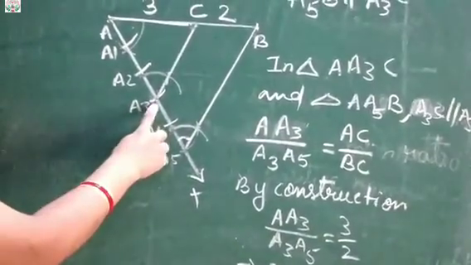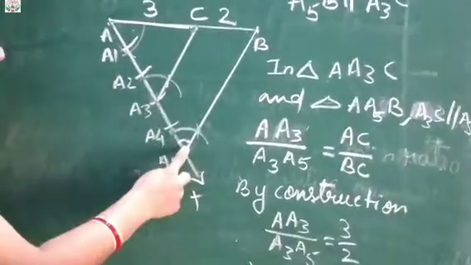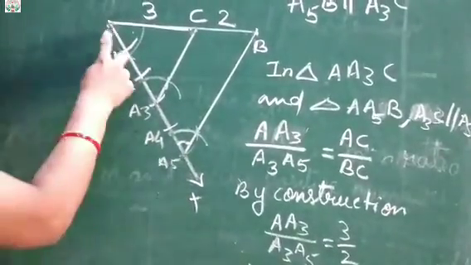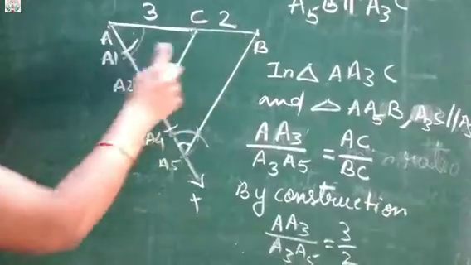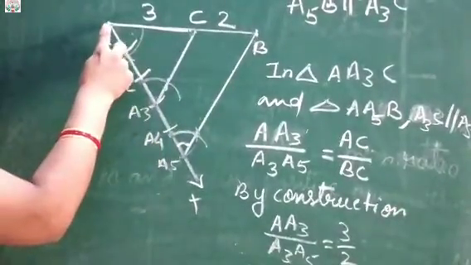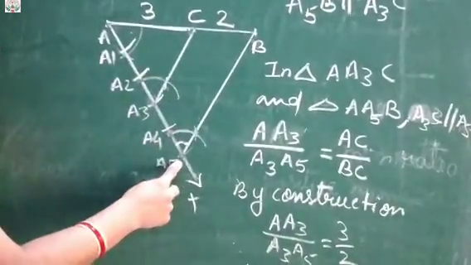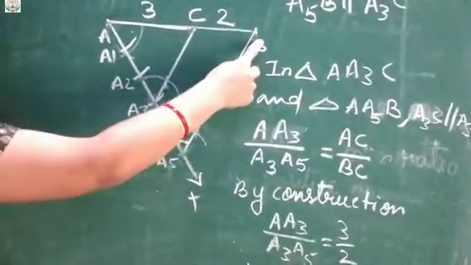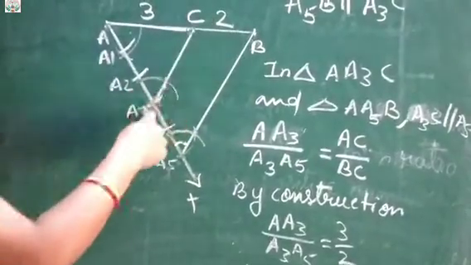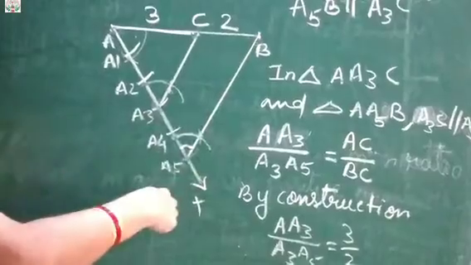Then at A3 draw an angle which is the same as angle A5B. Means at A3, make A3C the same angle as A5B. Then only the lines A3C and A5B will be parallel to each other.